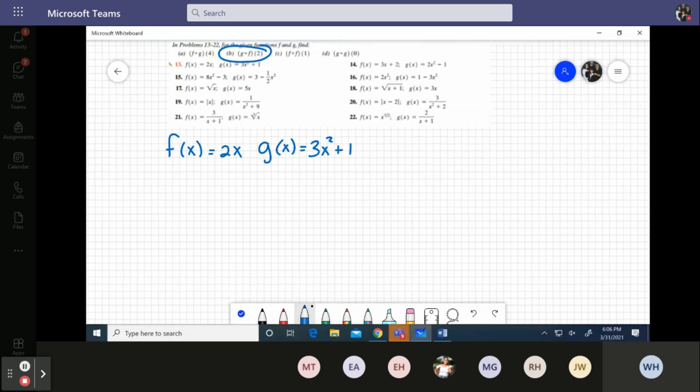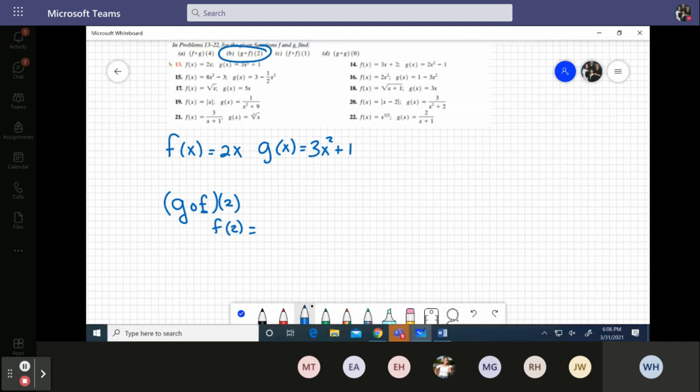I want g of f of 2. So which function is my inside function? So I'm going to start out with finding what is f of 2.